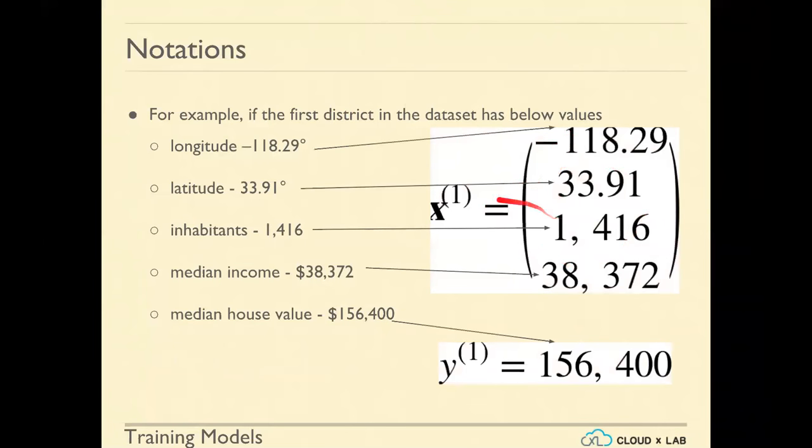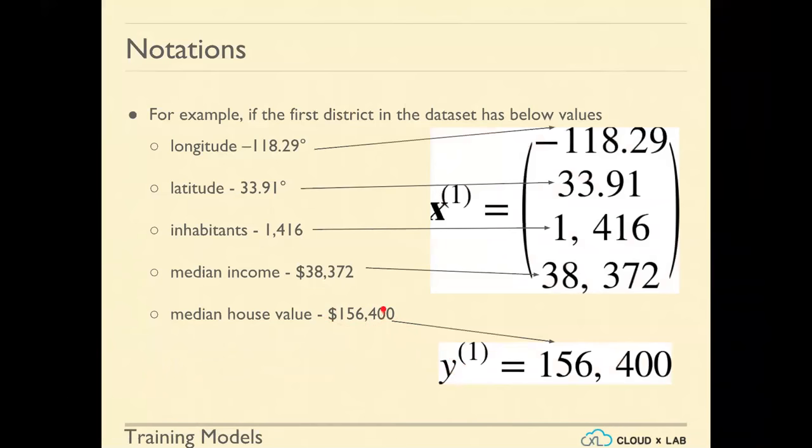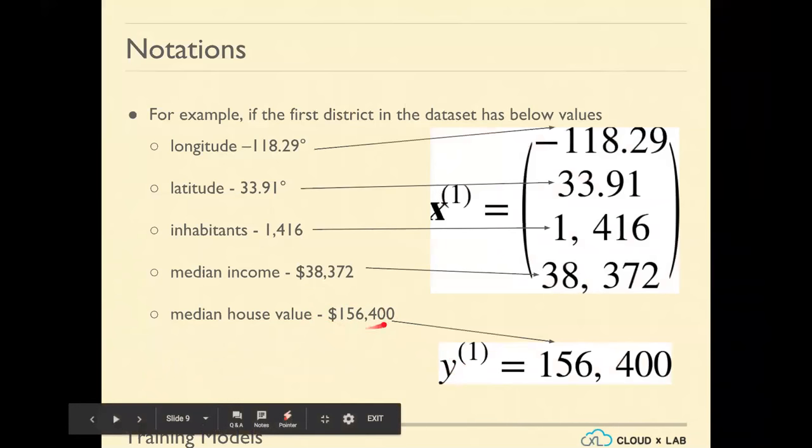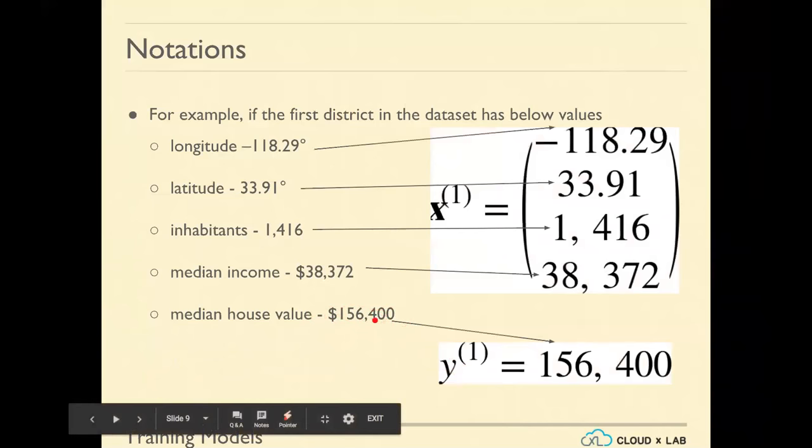Okay. So X superscript 1 is going to be this. All right. Y1 is there because this is our target value. This is something that we are trying to predict.